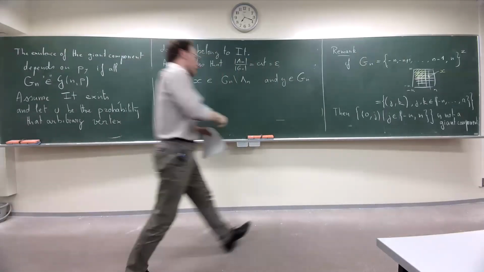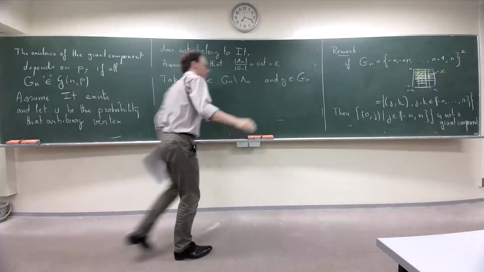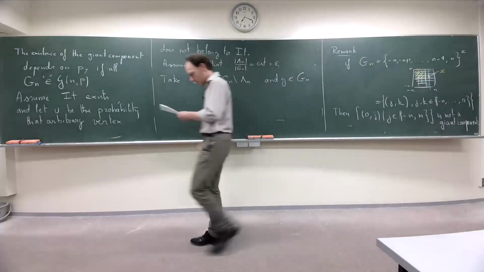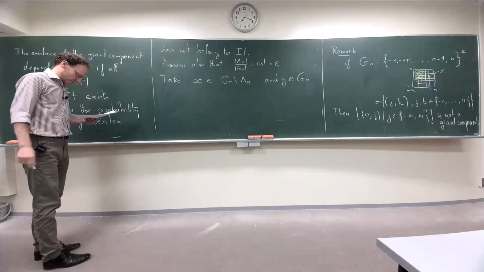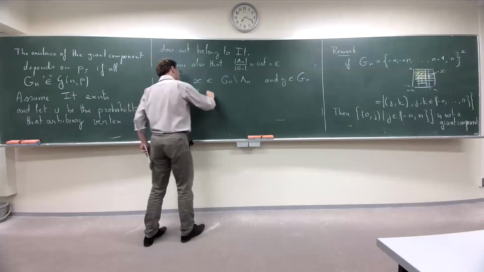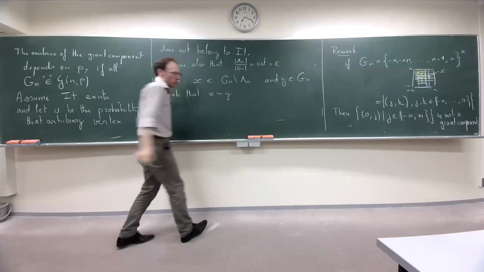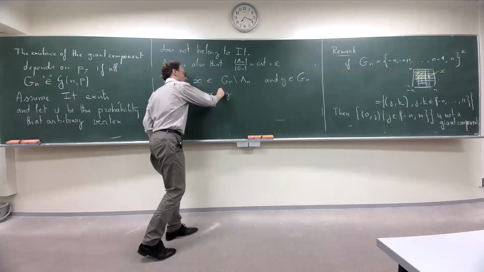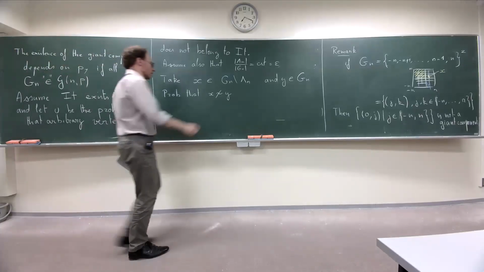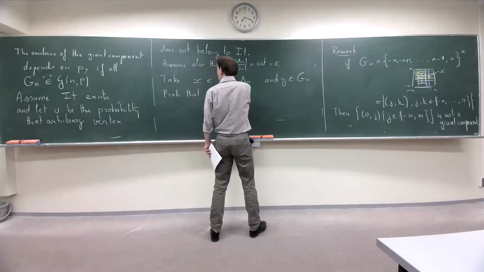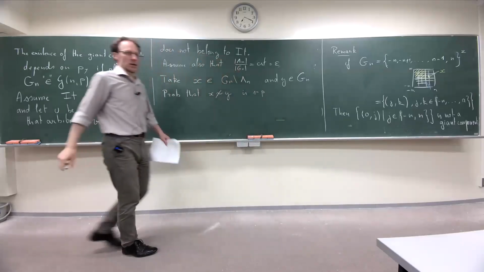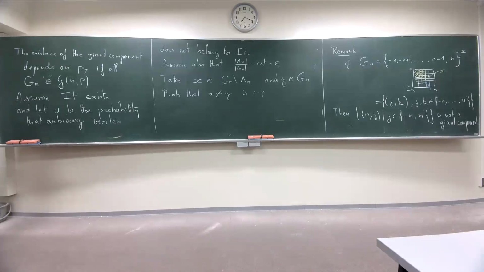The probability that X is not connected to Y is 1 minus P. This is known in our model.